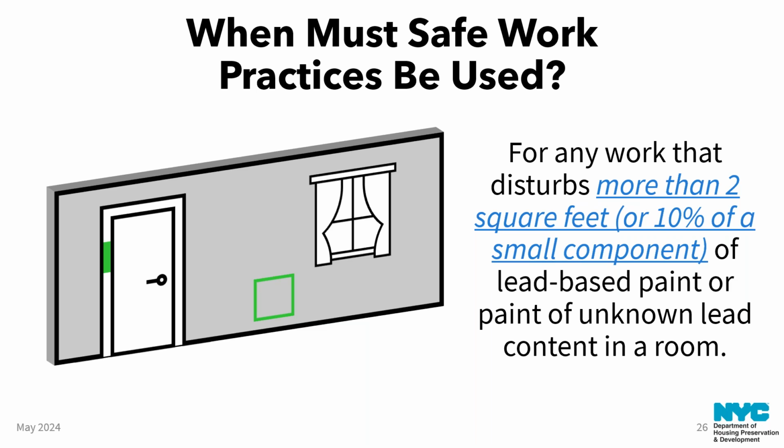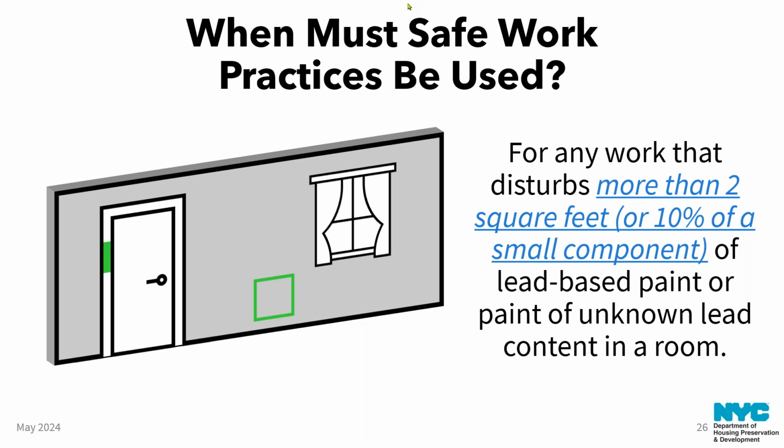Now, when must safe work practices be used? Once we know we have a building built before 1978, we have another question, which is how large is the job? So once the job is more than a small size, safe work practices are going to be required. And that small size is pretty specific.